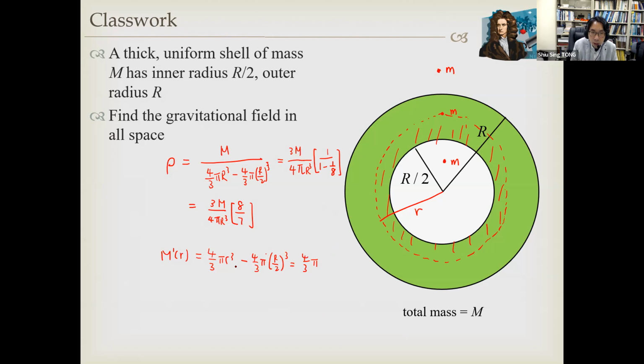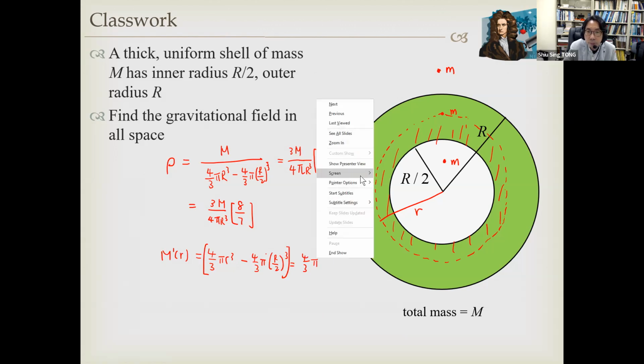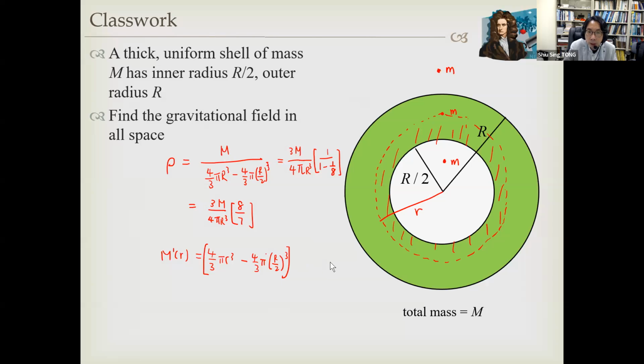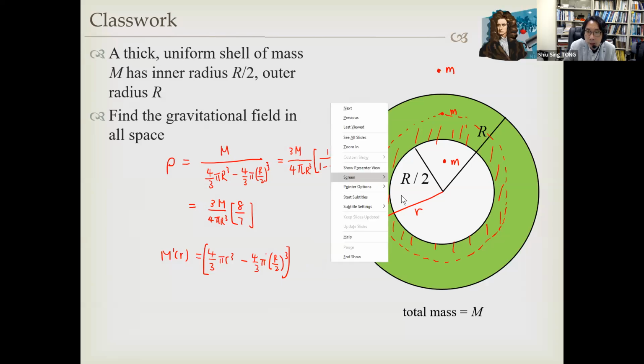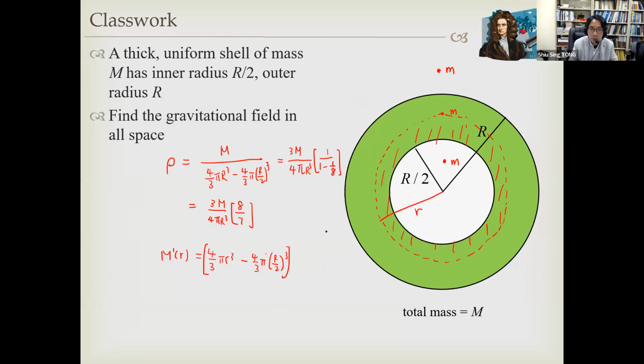Sorry, I should multiply by rho. I missed a factor of rho. The volume multiplied by the density will become the mass, right?